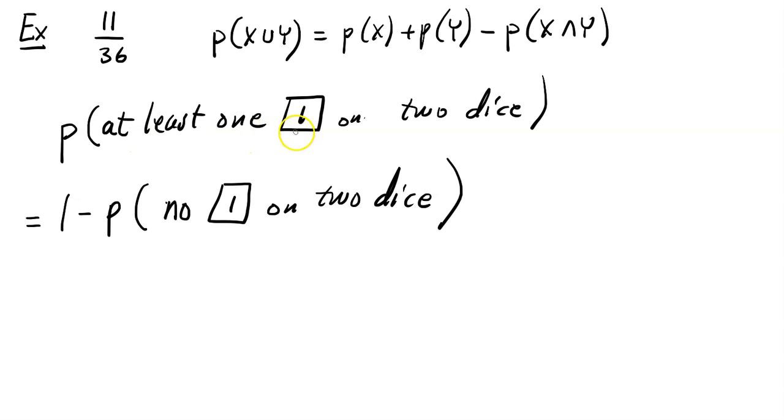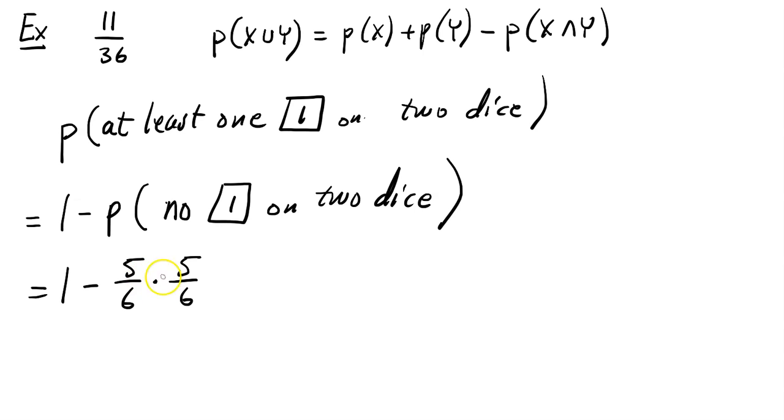So getting at least one 1 on 2 dice, the complement of that is getting no 1 on 2 dice. And what is the probability of getting no 1 on 2 dice? If we throw a die twice, what is the probability of getting no 1? On the first die it is 5/6, and also on the second die, 5/6.